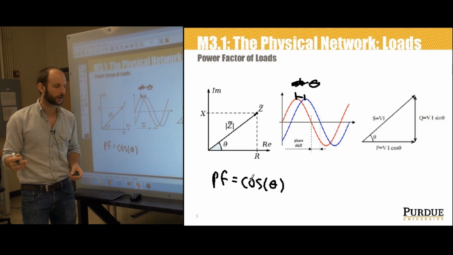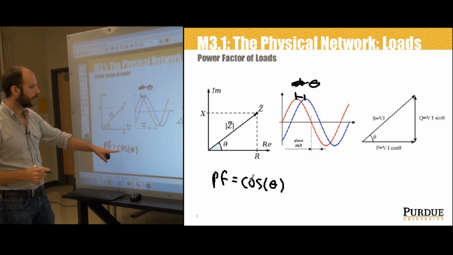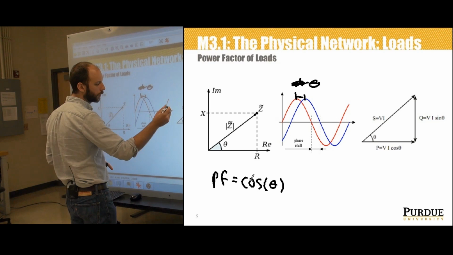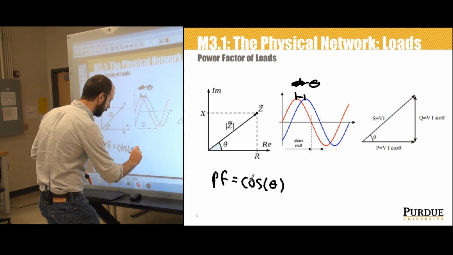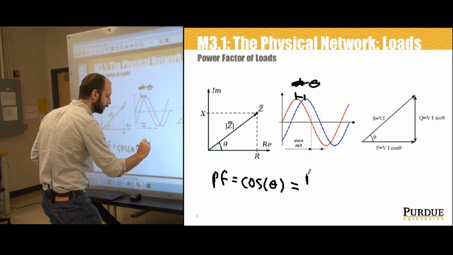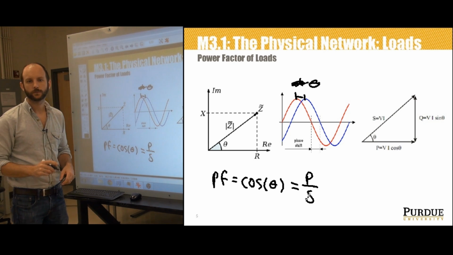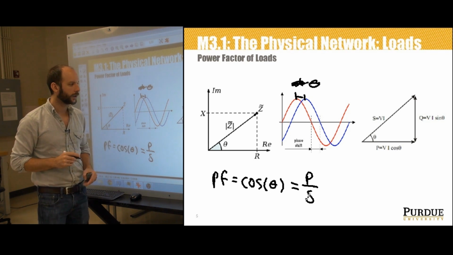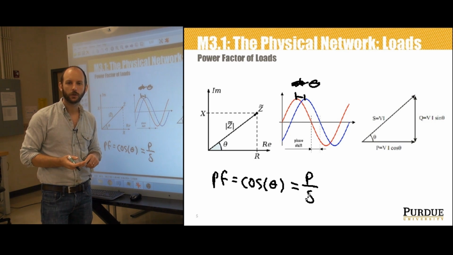But I think it's more instructive to really rearrange this. What is the cosine of theta? Well, let's look at this power triangle here. The cosine of theta from SOHCAHTOA is adjacent over hypotenuse. Cosine of theta is equal to P over S. So really, power factor is the ratio.